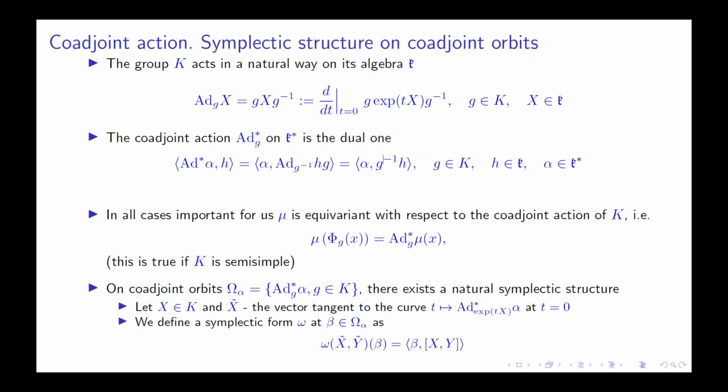Then we define the coadjoint action. This is dual to this, dual by the pairing between the dual space and our initial space.